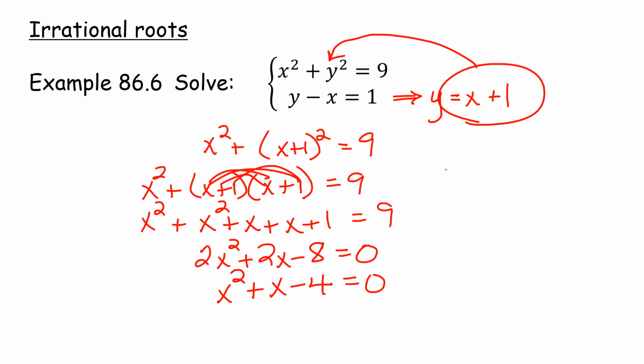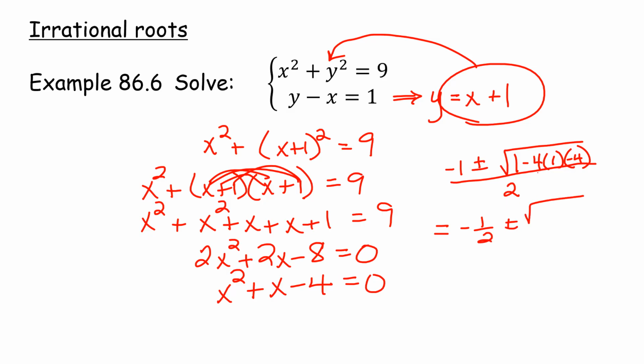So negative b plus or minus the square root of b squared minus 4ac all over 2a. So that is going to give me -1/2 plus or minus the square root of 1 plus 16, so that's 17 over 2.